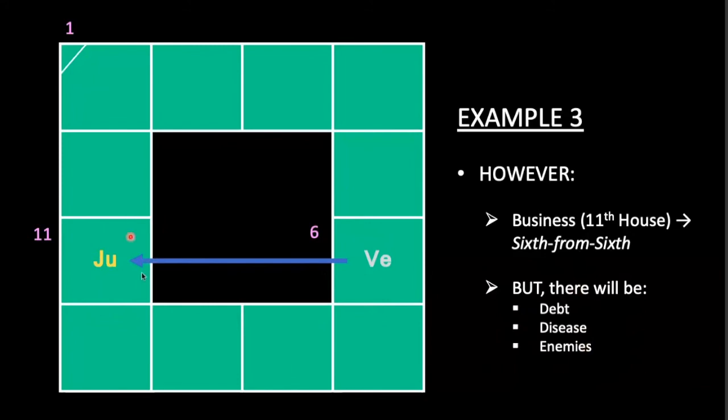You get better and better business volume, but your volume of debt, degradation in health, and your enemies also go up as this goes up. It kind of is like a balancing act when you think about it.